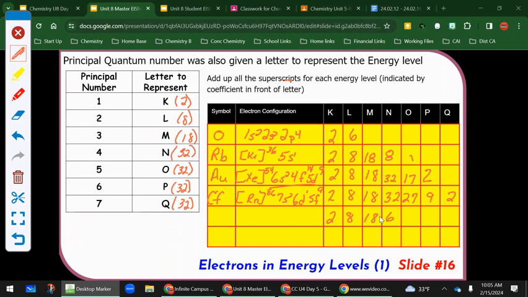Yep, Se. How'd you get there? I took krypton and minus 2 from the 8 at the end of it. Okay. Why krypton? Because that was the noble gas that had the same 8 and 18, and then it had 8, but then I subtracted.